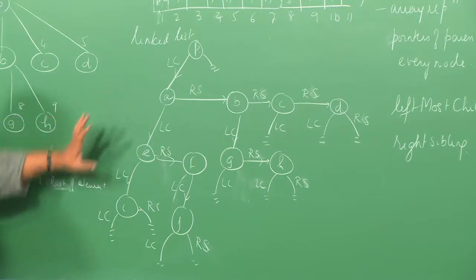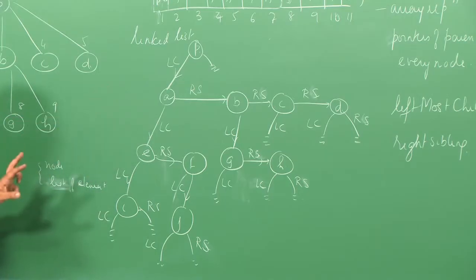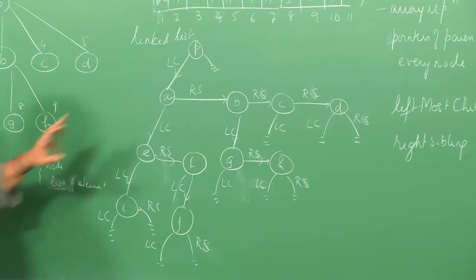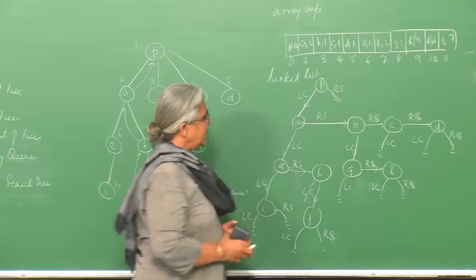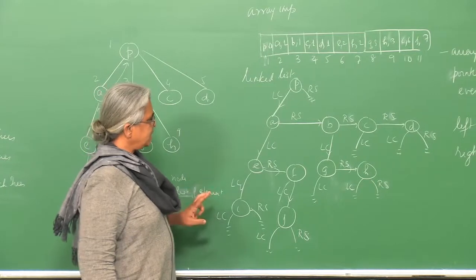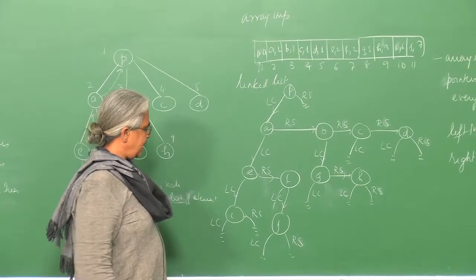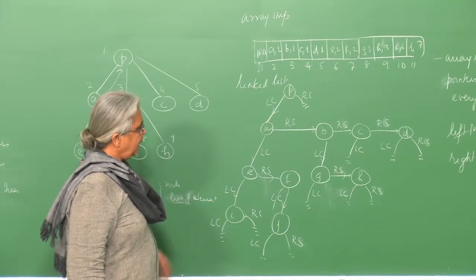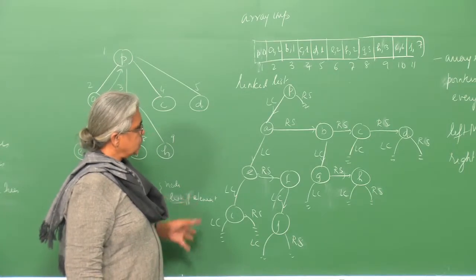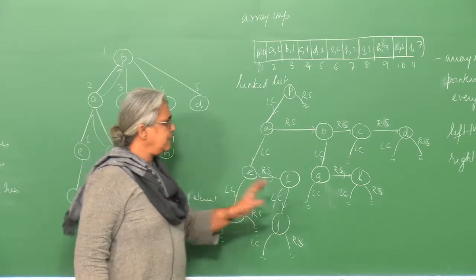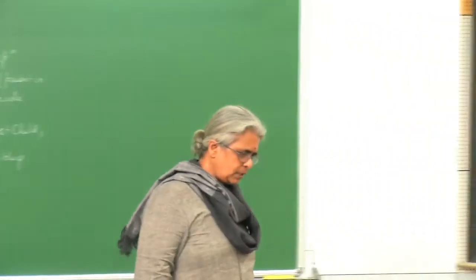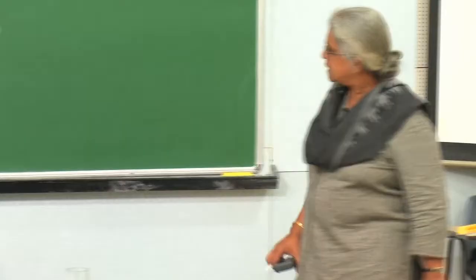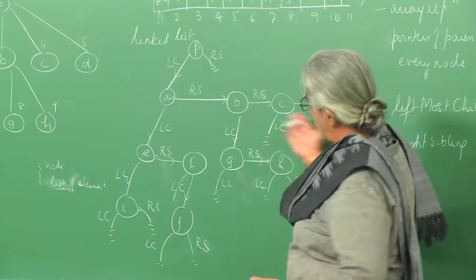Now, what is nice about the structure? In every node, we have only 2 pointers, the leftmost child and the right sibling. So, basically you have 2 pointers in every node, but you are able to represent any general tree. Now, this tree is useful if you want to look at any arbitrary tree. For the time being, we will postpone this and talk about it a little later, but remember that this is one such representation of a tree.